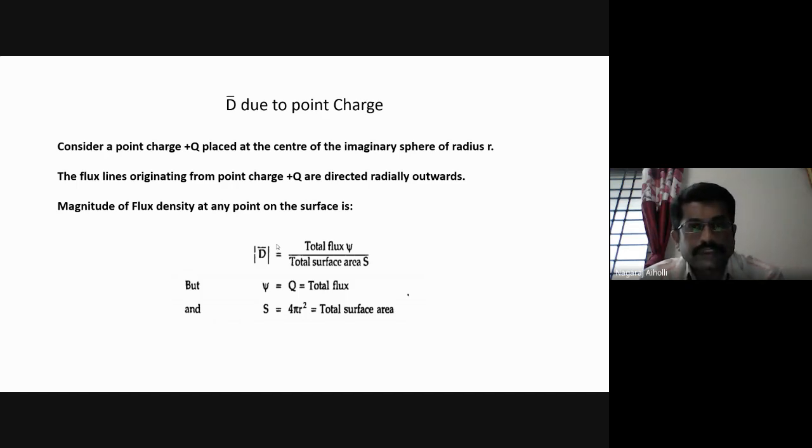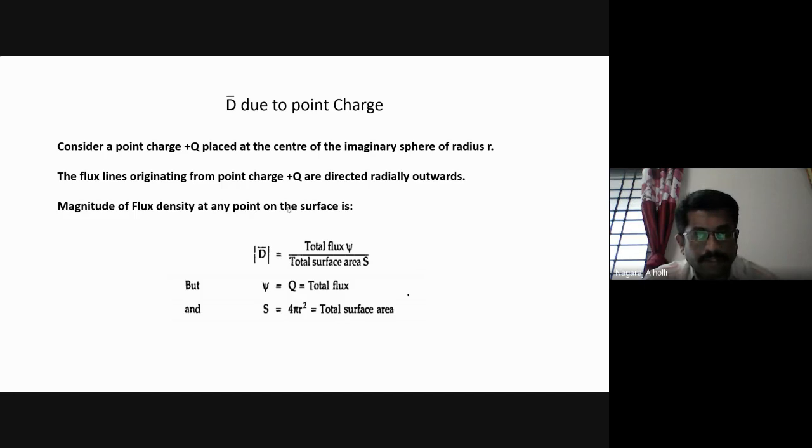Flux lines which originate from the point charge plus q are directed radially outward in all directions, from the center towards the surface of the sphere.